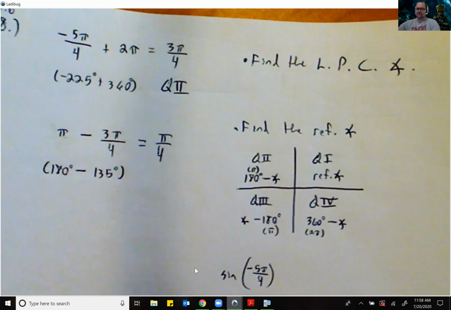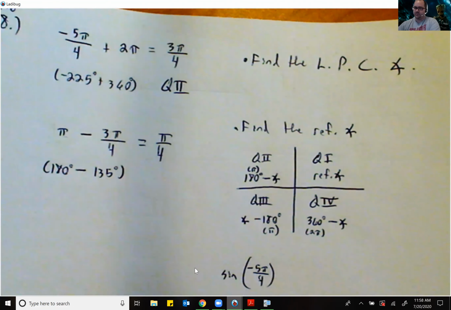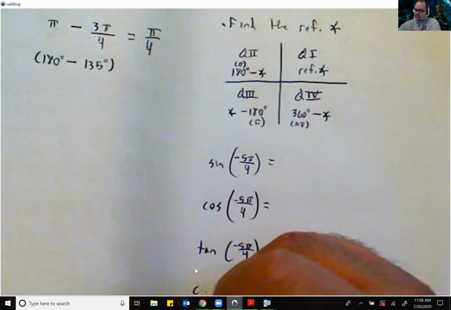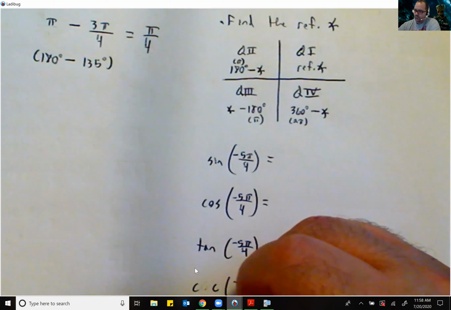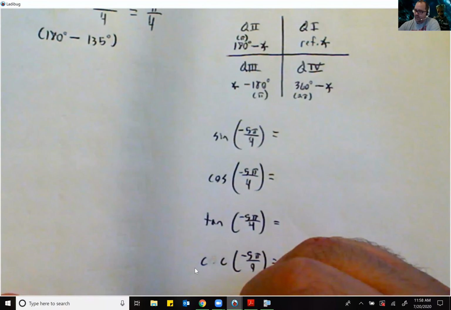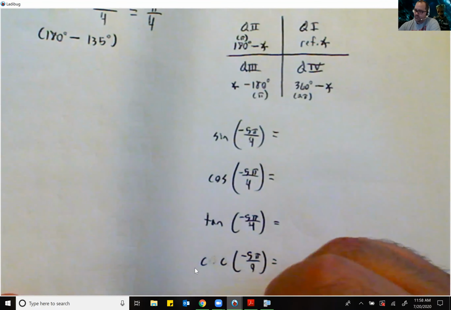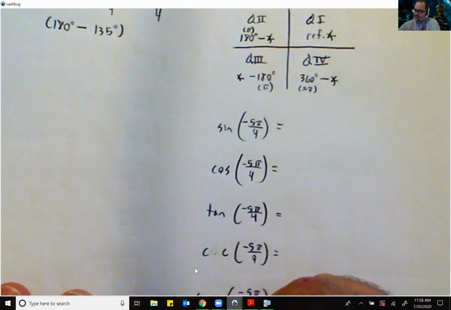Cosecant, negative 5 pi over 4. Secant, negative 5 pi over 4. And cotangent, negative 5 pi over 4. I'm just writing out the trig functions now real quick.